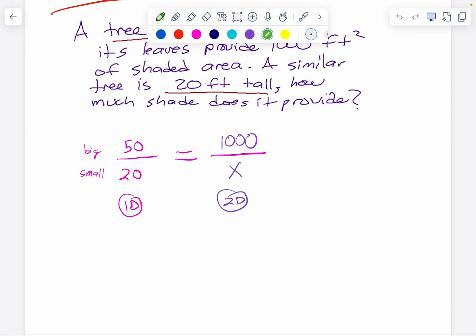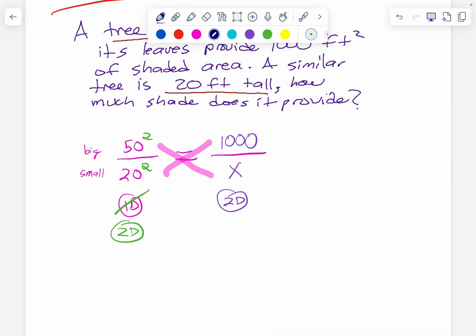Okay, to solve this, we need to make the left side of this be 2D. How do we do that? Square. We can square the 50 and square the 20, and now this is 2D. Okay, so we can now solve just like normal with our butterfly.